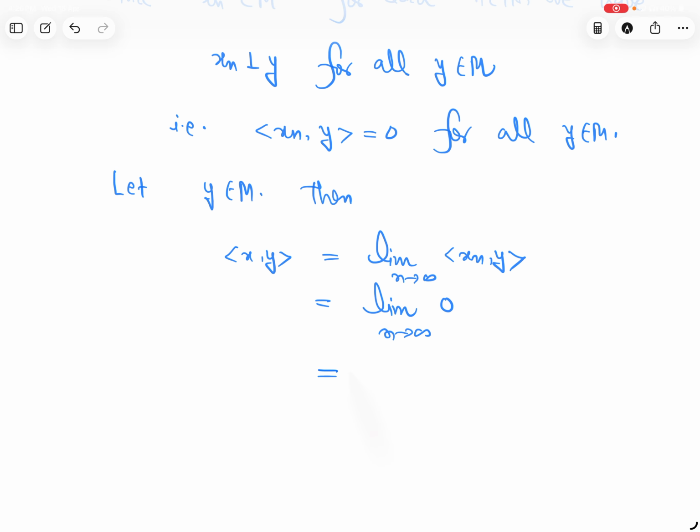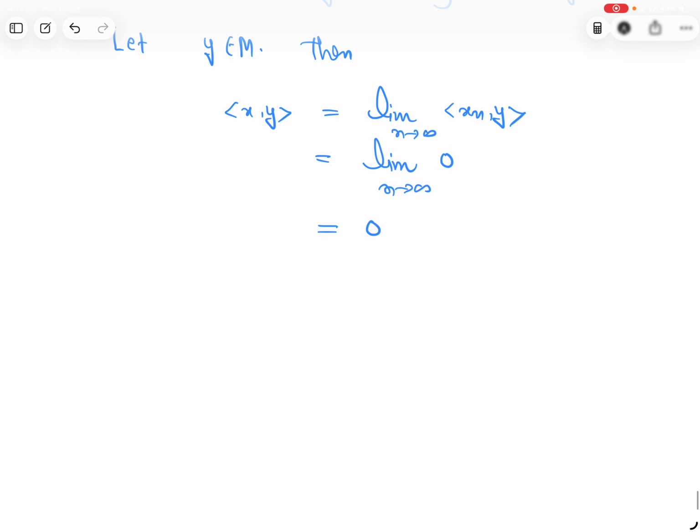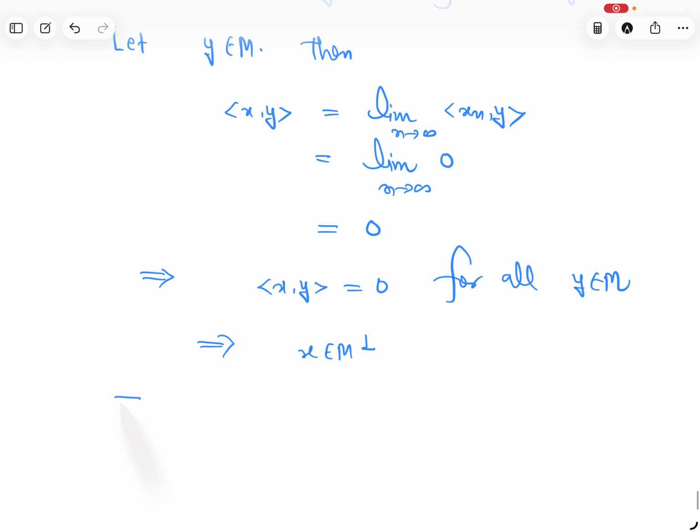This is 0, so this will be 0. So this implies x y is 0 for all y belongs to M. That means x belongs to M perp. So this implies M perp is closed. Okay. So M perp is closed.